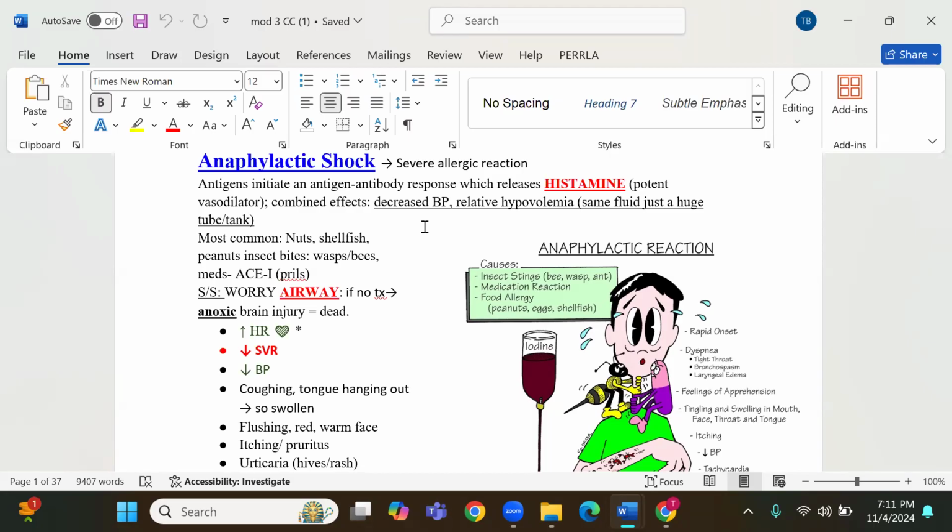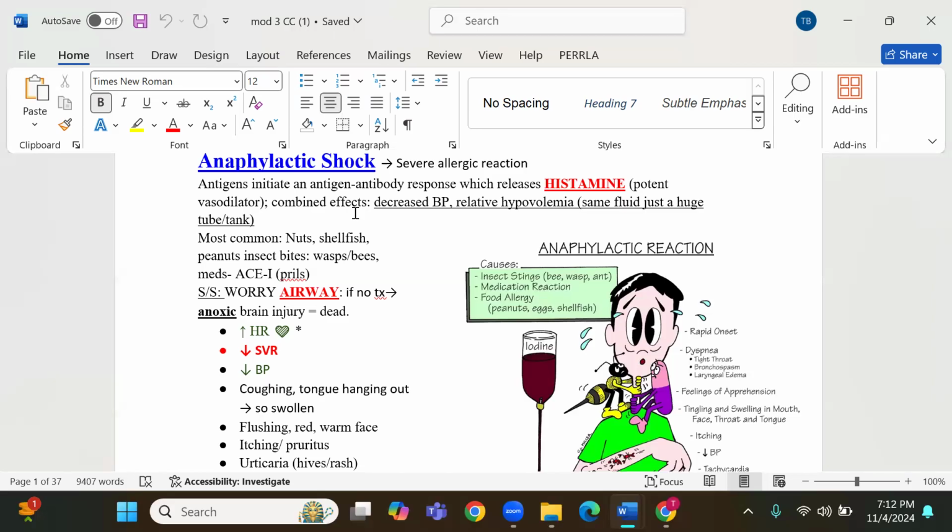Now, you guys know from studying pharm that there's something called a histamine blocker, right? That's like your Benadryl or something that blocks histamine. But what you may not know is that histamine is a potent vasodilator, okay? And that's important to know because if we massively produce histamine in our body, we're going to massively vasodilate.